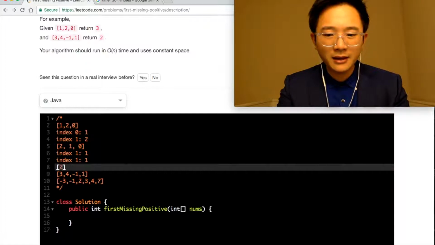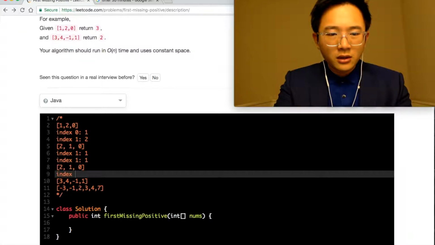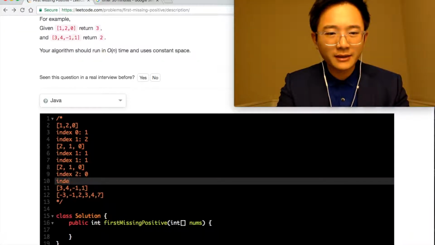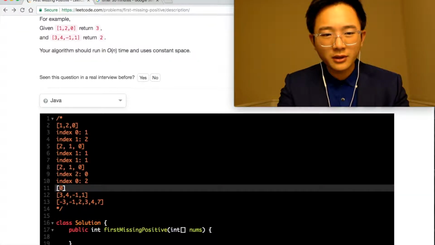At index 2, we have 0. At index 0, we have 2. If we swap them, it becomes 0, 1, 2.